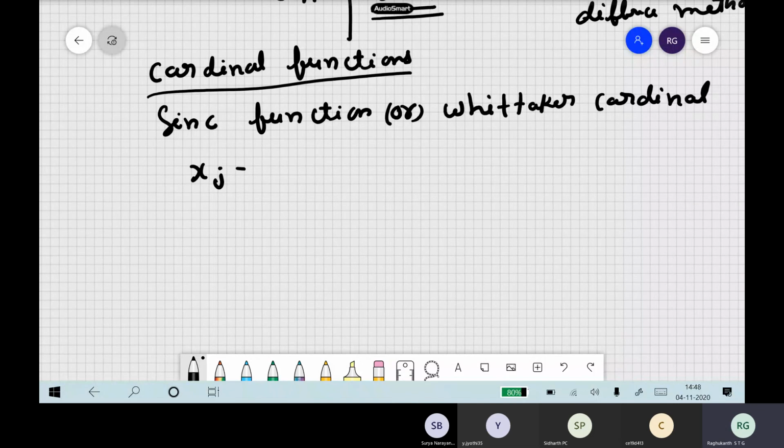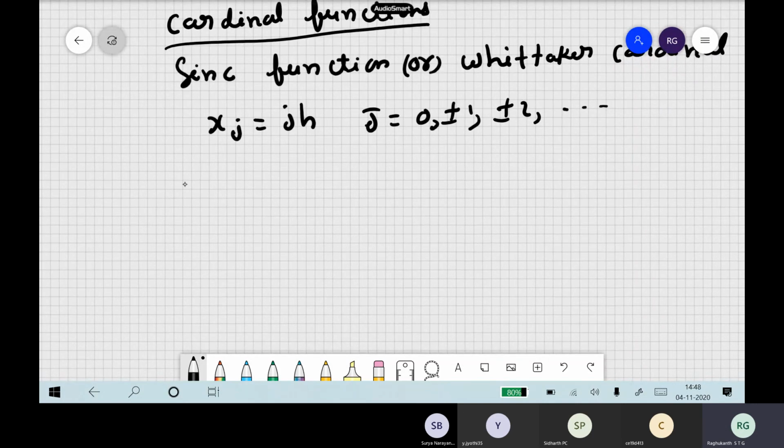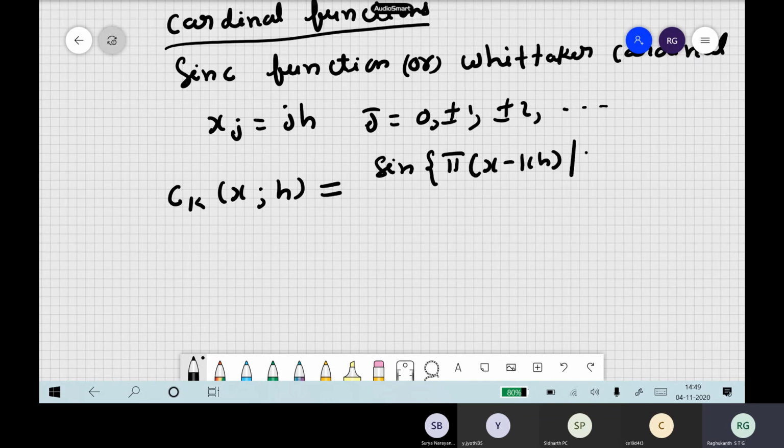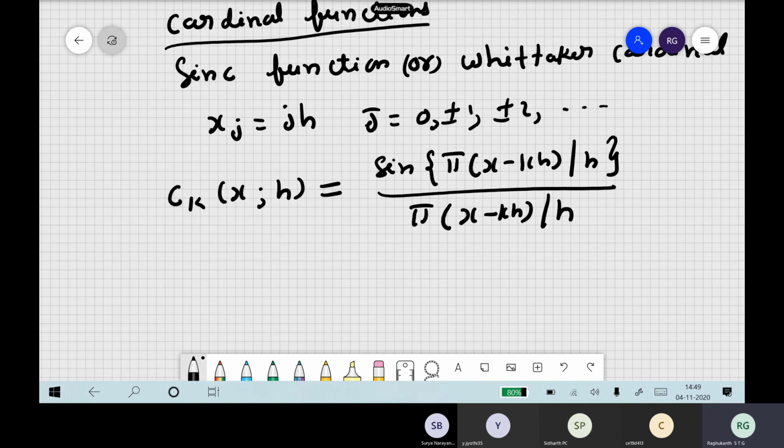We have collocation points like this, j is 0, plus or minus 1, plus or minus 2, and it goes on like that. So the cardinal functions are defined like this: Ck of x, and h is a shifting point. So sine of pi into x minus kh, by pi into x minus kh by h. This is the definition of our cardinal function.